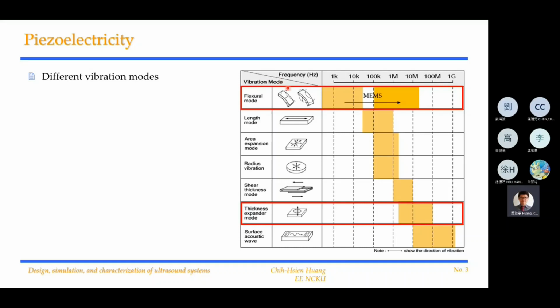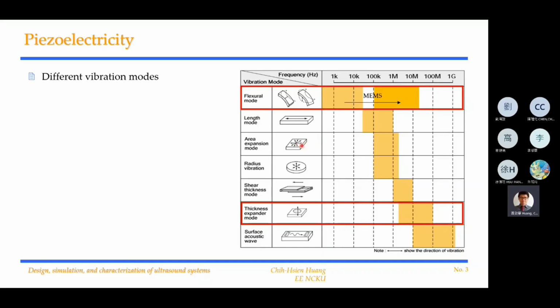Other than that, we also have length mode, area expansion mode, and radial vibration mode. The arrows here show how the device is moving and where it goes. But for length mode, area expansion mode, and radial vibration mode, you can see that they are not actually vibrating the medium, right?